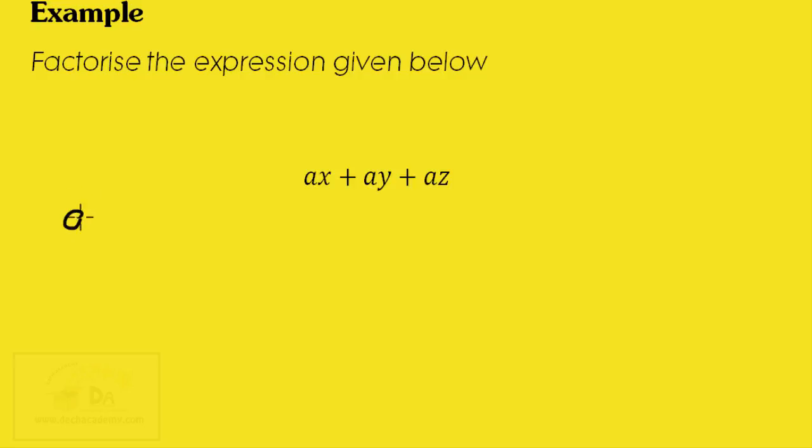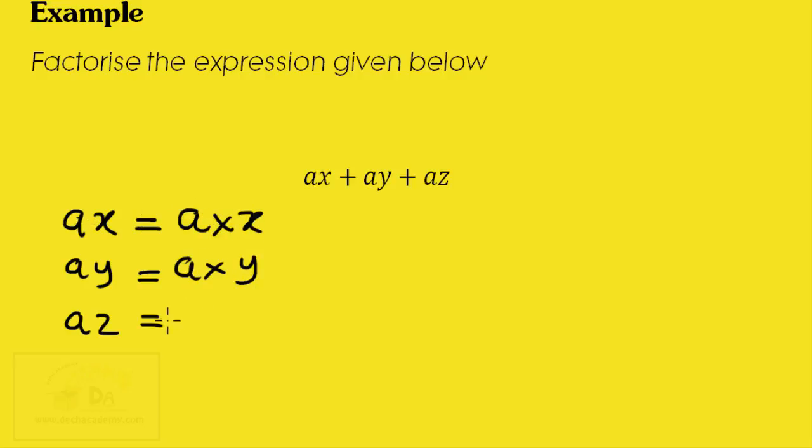The terms are ax, ay, and az. Representing them as a product of their prime factors and variables is the next step. These terms just involve variables, so we just need to express each term as a product of the variables involved. So ax is a times x, ay is a times y, az is a times z.